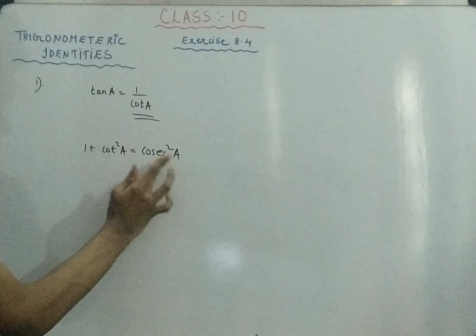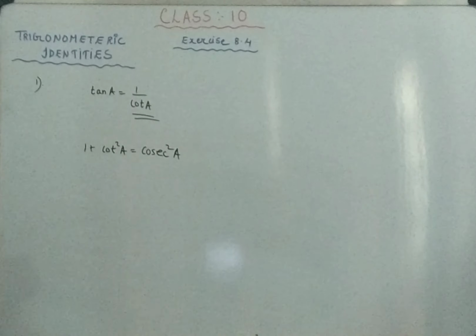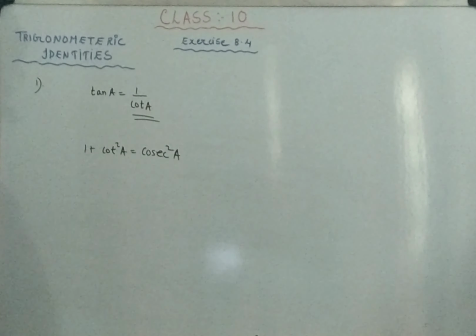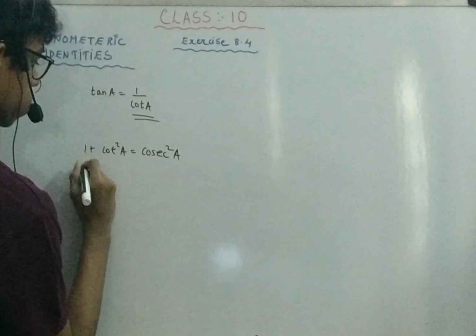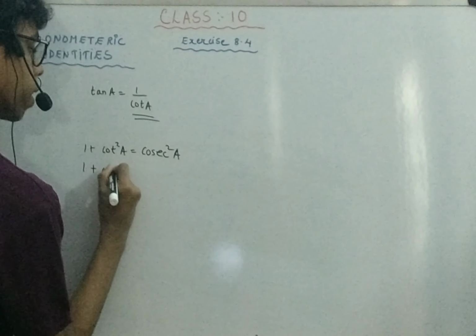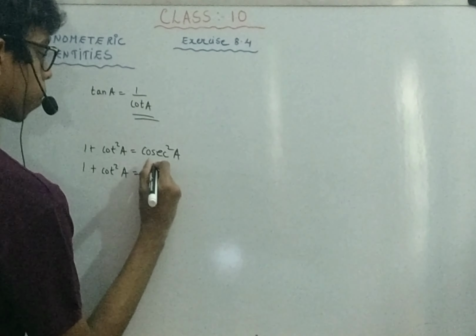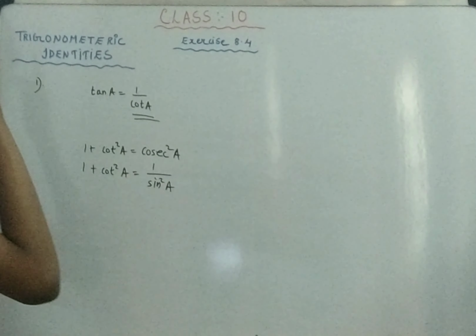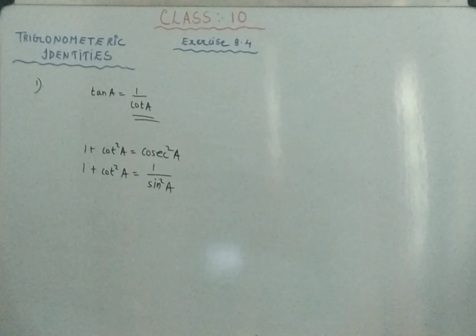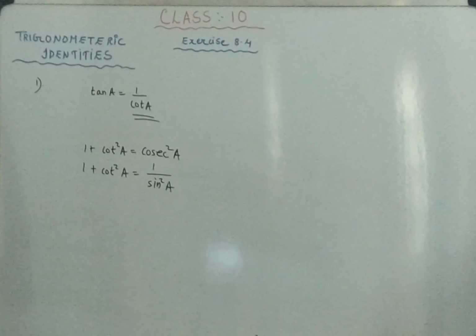Cosec square A can be written as 1 upon sin square A, because 1 by sin is equal to cosec. So I can write 1 plus cot square A is equal to 1 by sin square A.